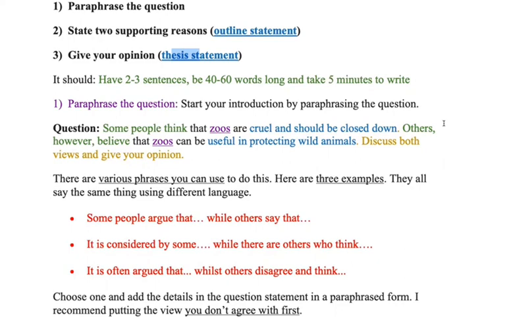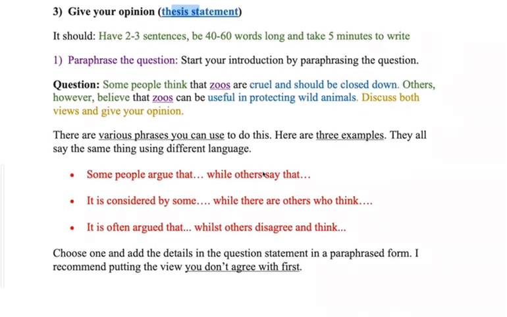So instead of however, others, it means other people, say that, and then say view B. Or you could say it is considered by some people, and then view A, while, instead of however, there are others, other people, who think view B. Or you could say it is often argued that, and then say view A, whilst, instead of however, others, other people, disagree and think, and then say view B. So these 3 phrases can help you to write your essay.